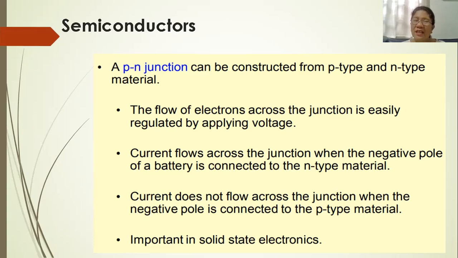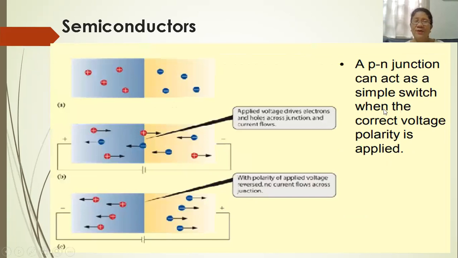That junction is needed in order to regulate the voltage being applied. It is also important in solid state electronics. So this is the PN junction. It simply switches when the correct voltage polarity is applied. When you switch from positive to negative, it will flow into the next junction.